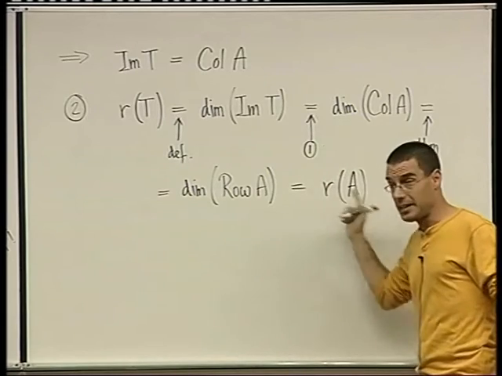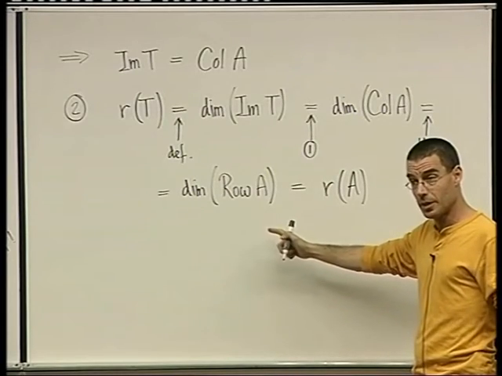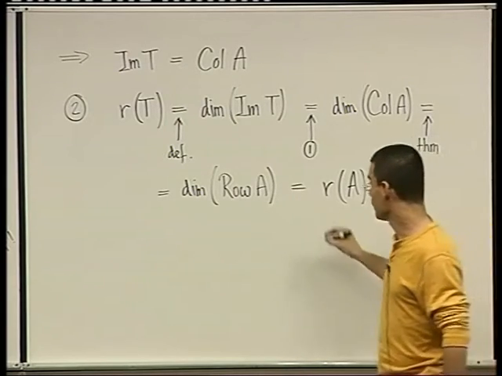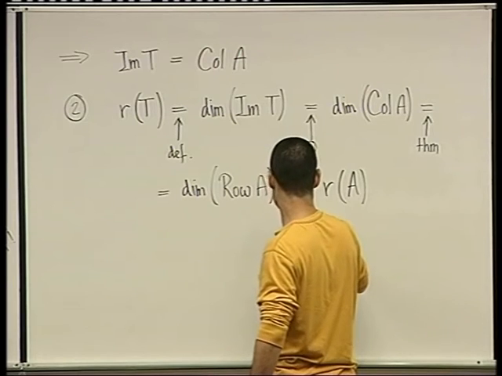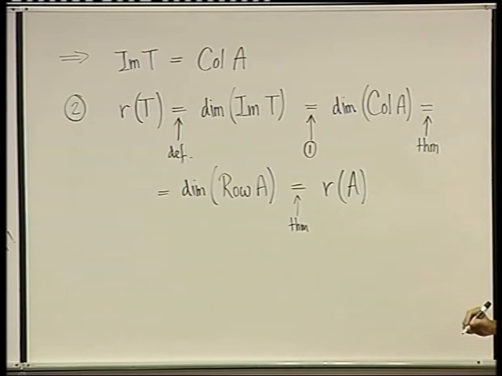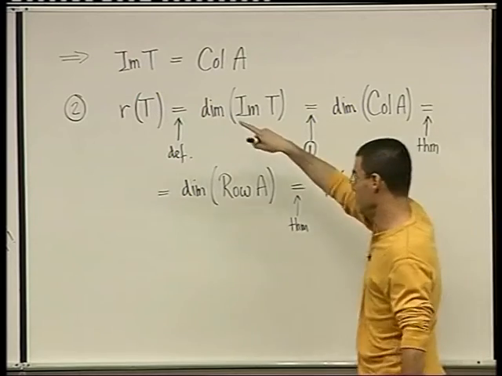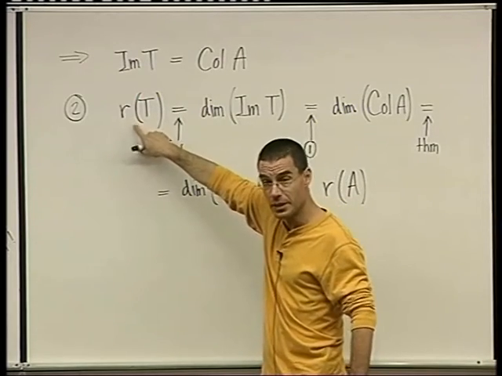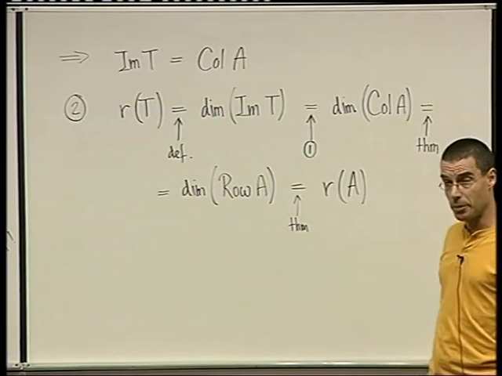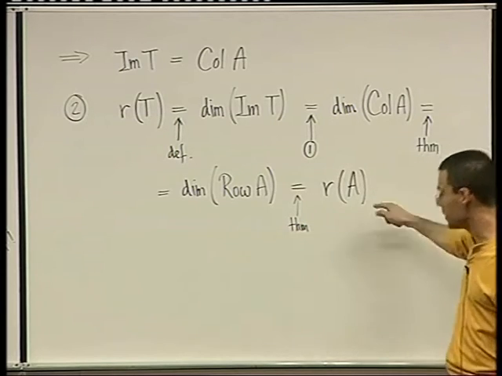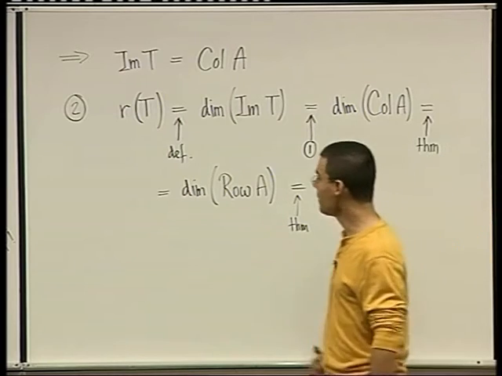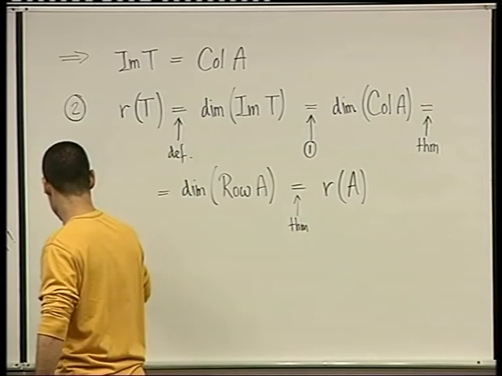We didn't define it as such, we argued that it equals it, but in many places it's defined as such. Both of these are earlier theorems. And if you look at the ends of this equality, the rank of T equals the rank of A. A is a matrix, T is a linear map, when T is given by the matrix A. Good?